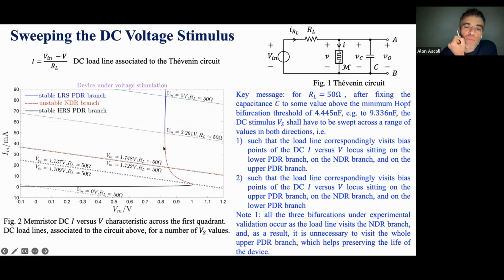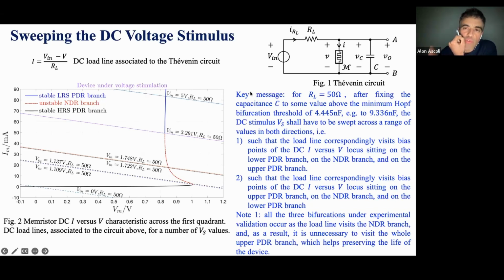The key idea is that the memristor must be in the locally active regime. So when we sweep the voltage, this is the load line analysis, only when the voltage, by fixing the resistance, enters the NDR regime, we can have complex phenomena. So only in this area, in this red area. So we fixed the capacitance, we fixed the resistance, we swept the voltage, okay?